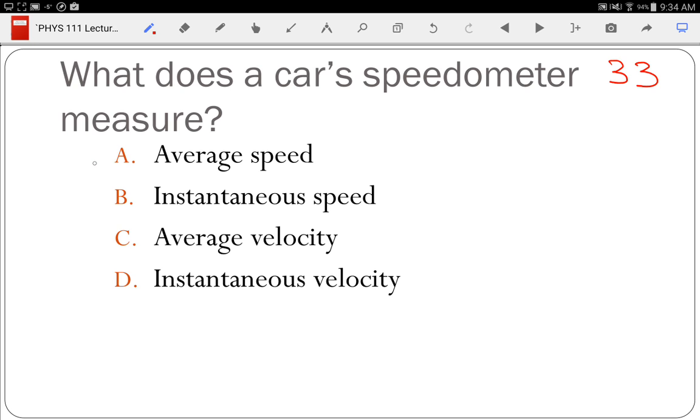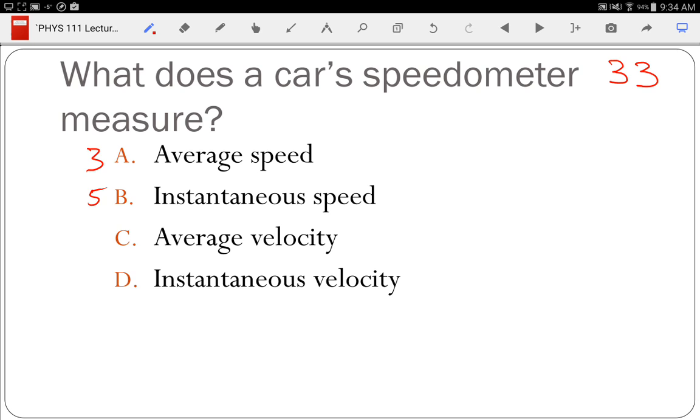We have our answers here, 3 and 5. Now, all of these had to do with how fast you're traveling. What's the difference in speed and velocity? Okay, velocity has direction, speed doesn't. So nobody said velocity. That's good, because the speedometer doesn't tell you what direction you're going.